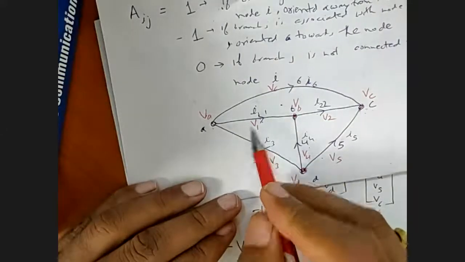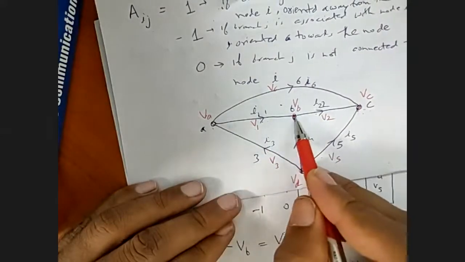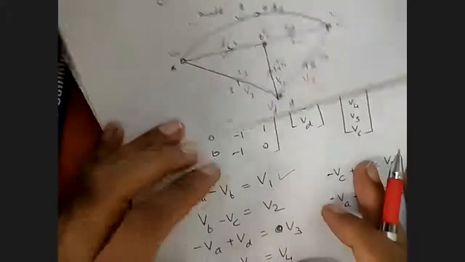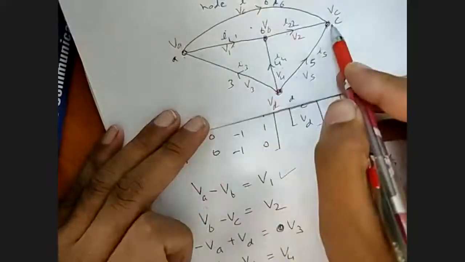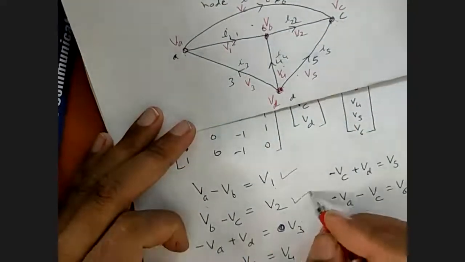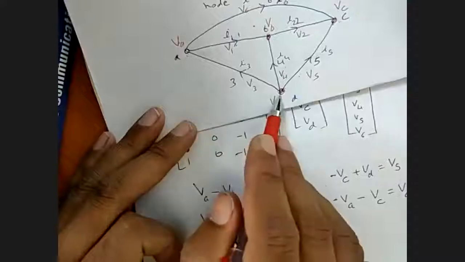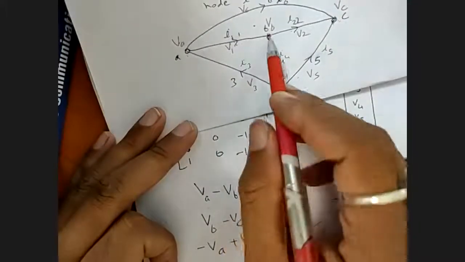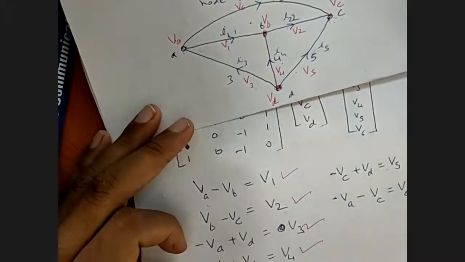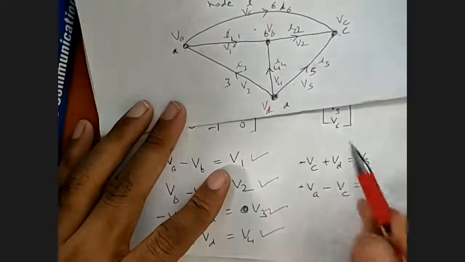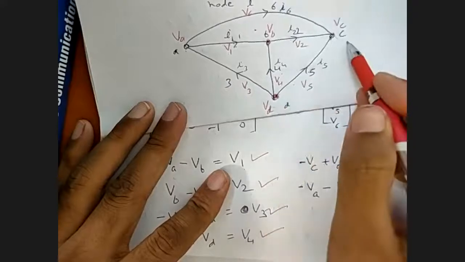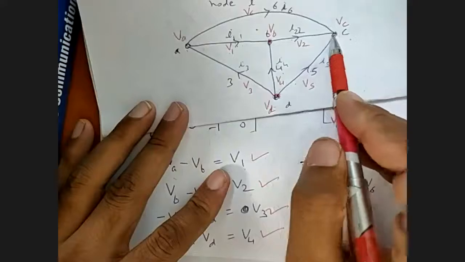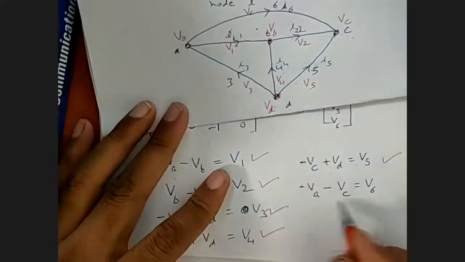So V1 is VA minus VB, V2 is VB minus VC, V3 is VD minus VA, V4 is VD minus VB, V5 is VD minus VC, and V6 is VA minus VC.